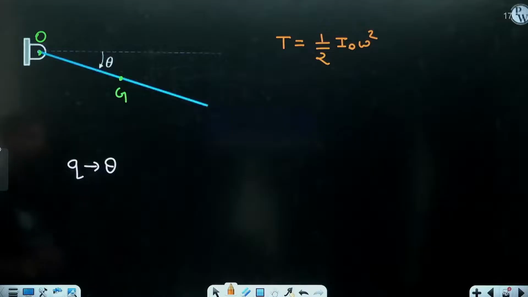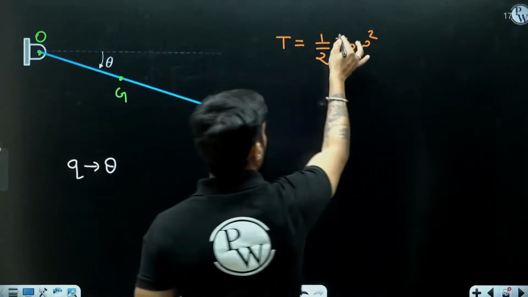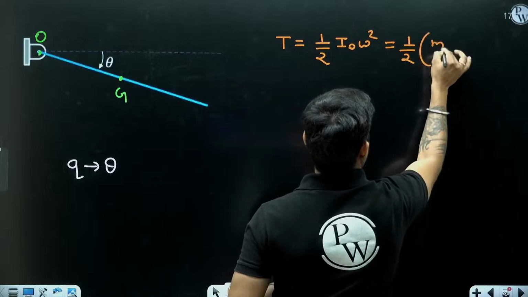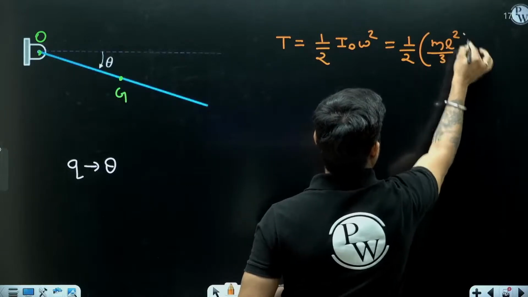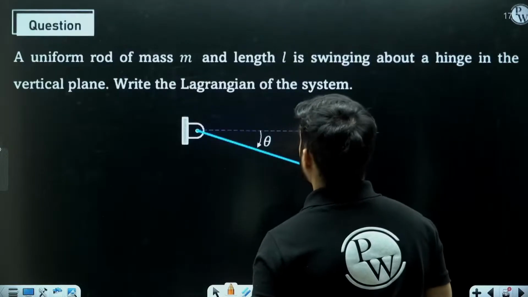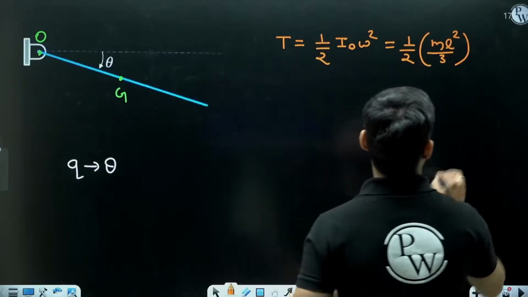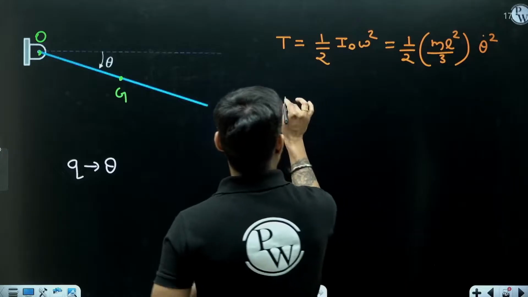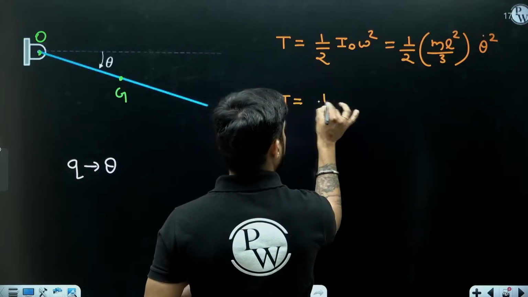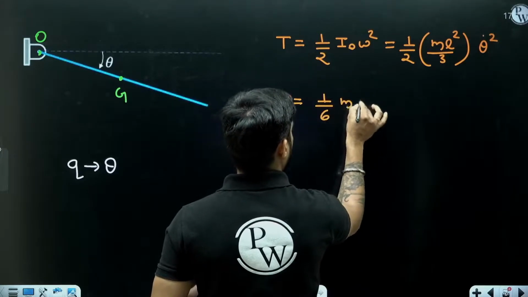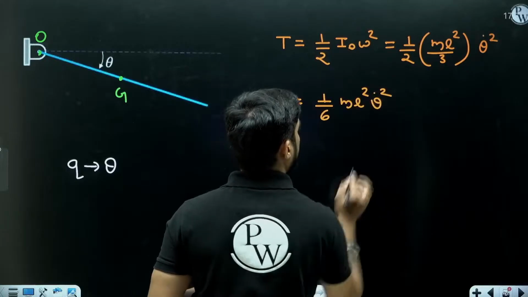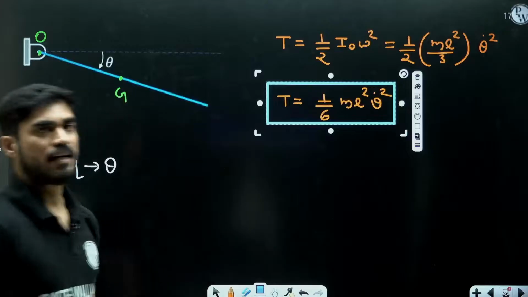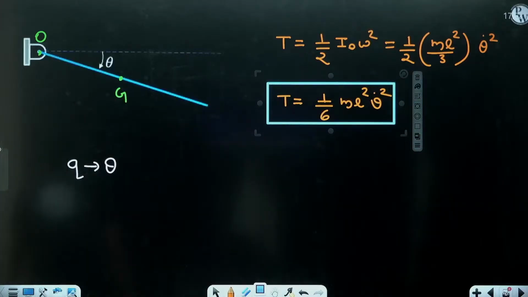Now, what is the moment of inertia about point O? It will be ml square by 3. And what is omega? It is d theta by dt, meaning theta dot. So I can write T equals 1 by 6 ml square theta dot square. This is the kinetic energy.